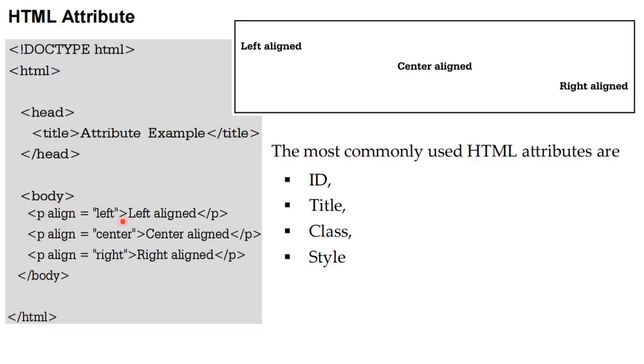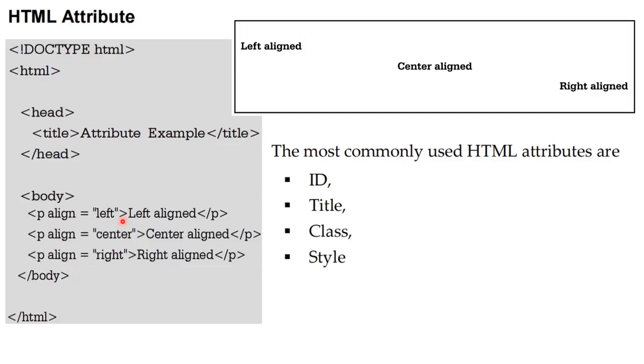Characteristics are given using this attribute. Some other attributes include ID, title, class, style, and all that. The ID attribute can be used if you want to uniquely identify an element within an HTML page.